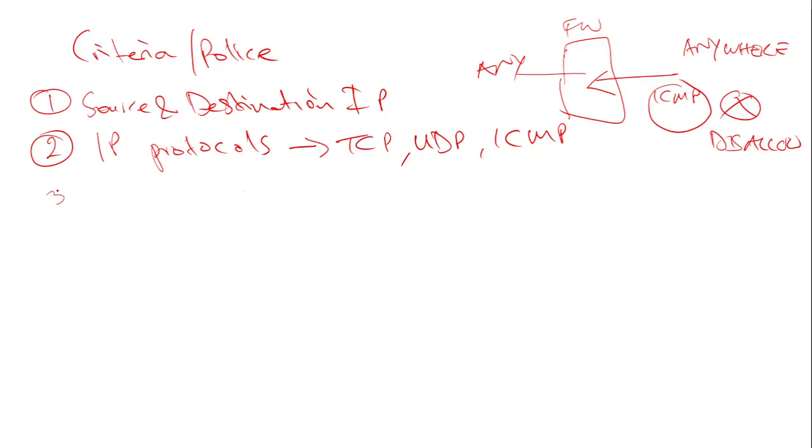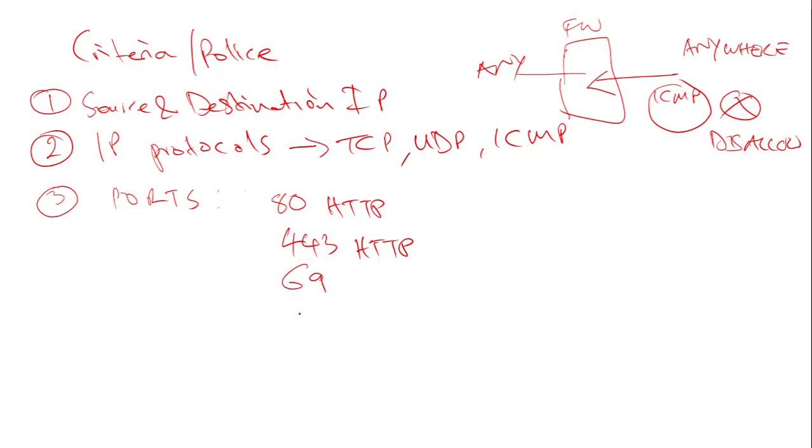Or we can also base it on ports. We've got well-known ports like port 80, for example, which is HTTP. We've got port 443, which is HTTPS. We've got port 69 as an example.